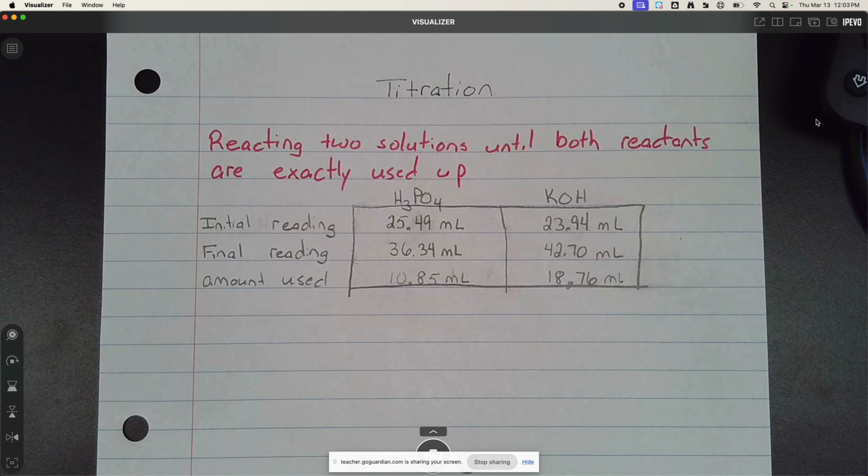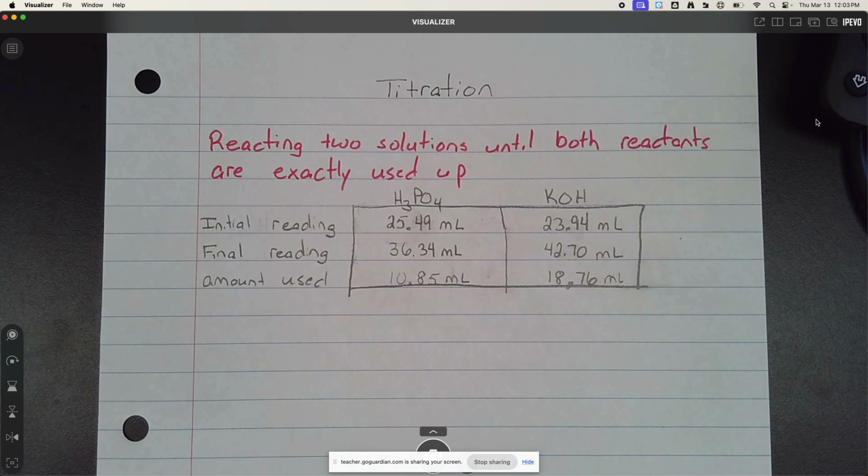It's most commonly done with acids and bases because you have to have a way to know when you've hit the point of exactly used up. And with acids and bases, we can use phenolphthalein. We can watch for that turning pink situation, and then we know we've exactly used up both of them.